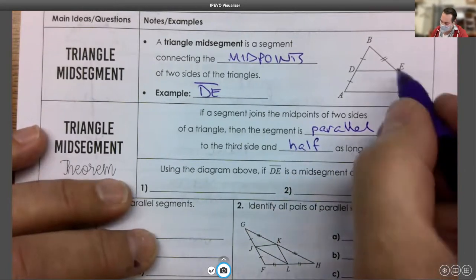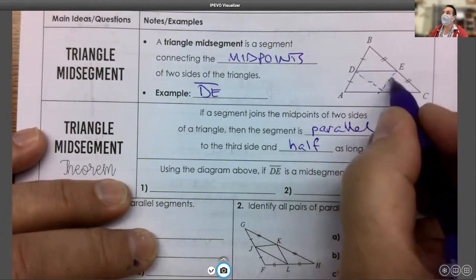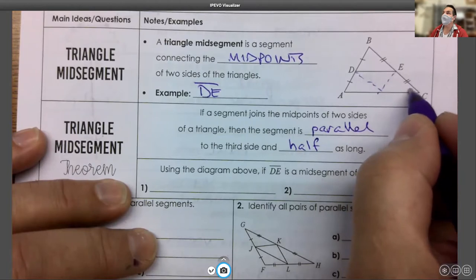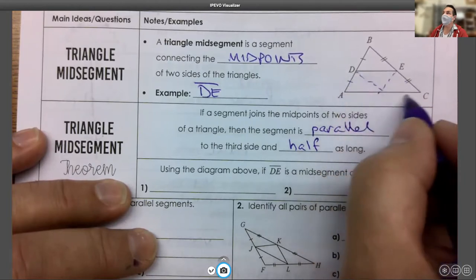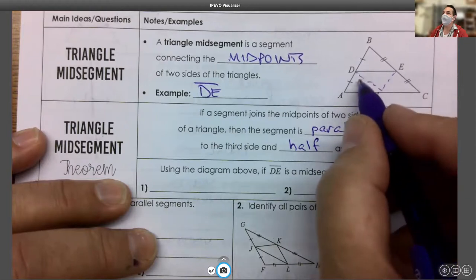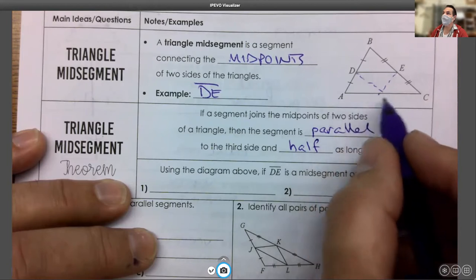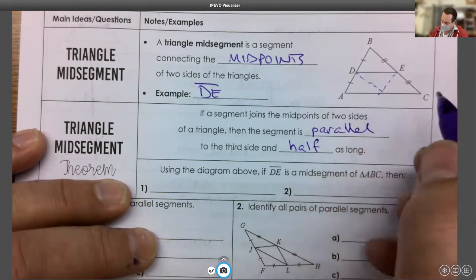We talked about the fact that because this produces 4 congruent triangles, these corresponding angles are congruent, forcing these lines to be parallel. And if these triangles are all the same size, then DE length is the same as this part, is the same as this part.